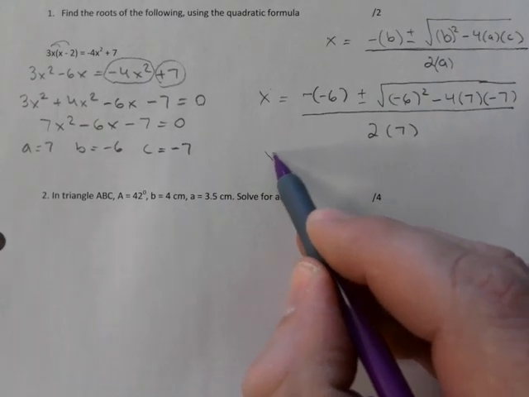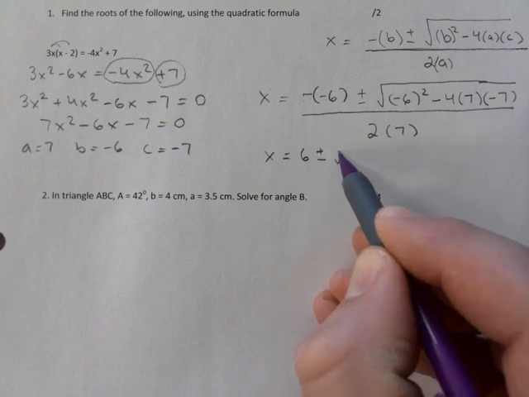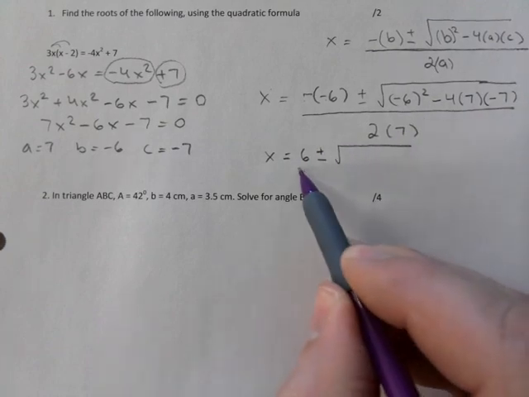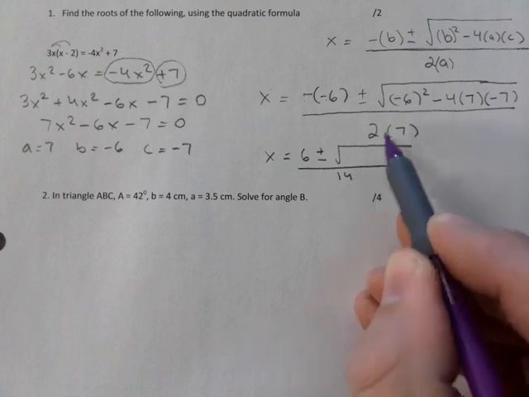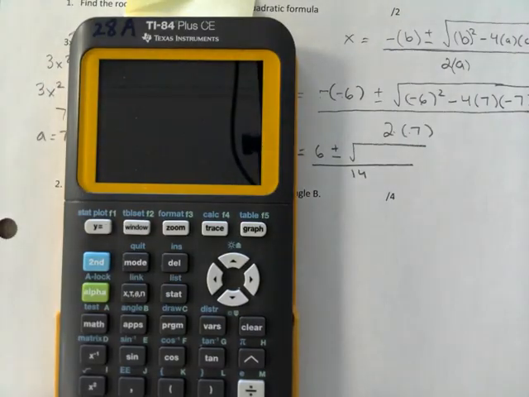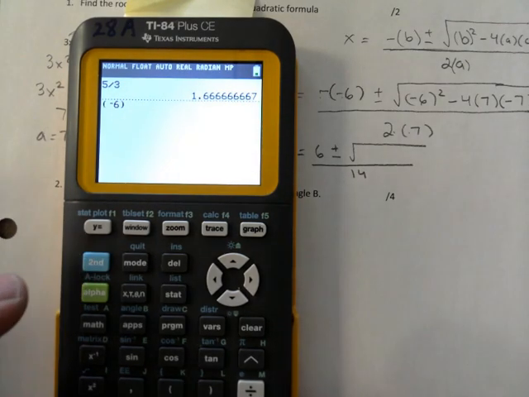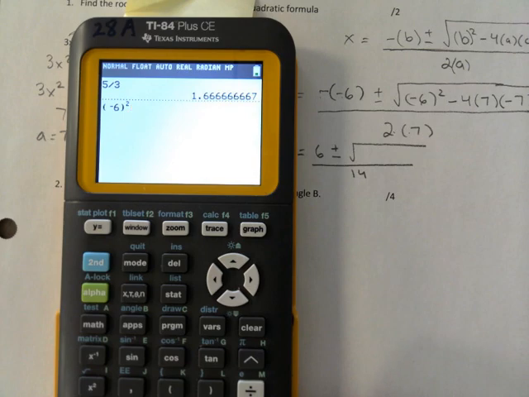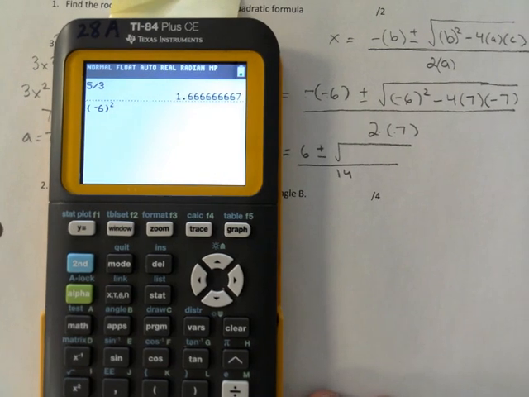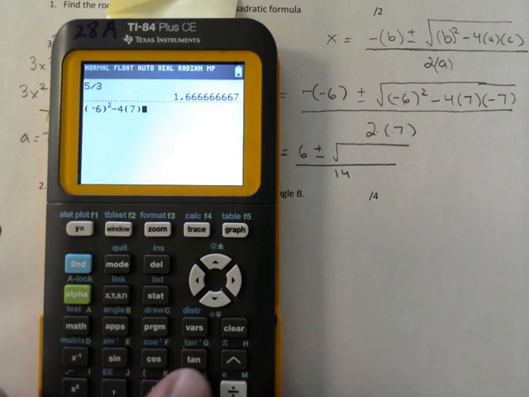So clean this up. Negative and negative is 6, plus or minus. We know that the bottom is going to be 14, right? 2 times 7. Let's figure out this part. So follow me with your calculator perhaps. I'm going to go negative 6 squared like that. You can't go wrong if you use brackets, right? Minus 4 times 7 times negative 7.